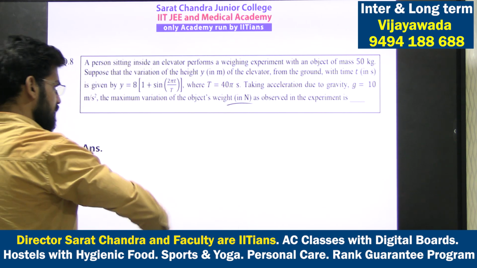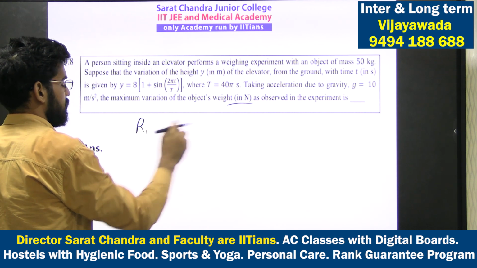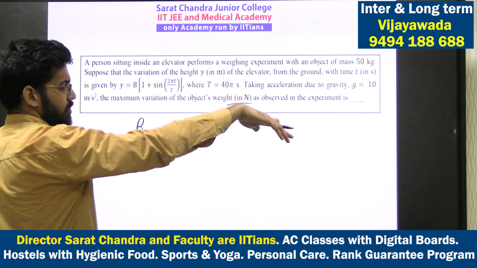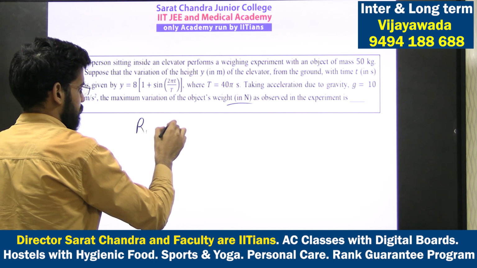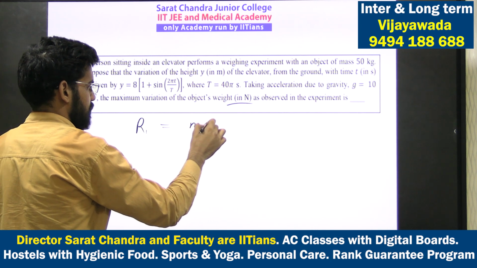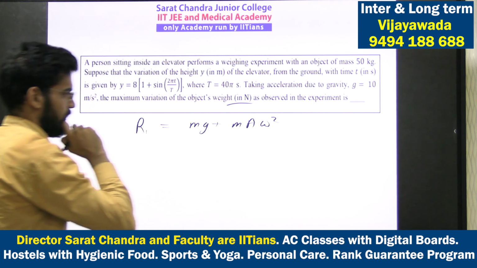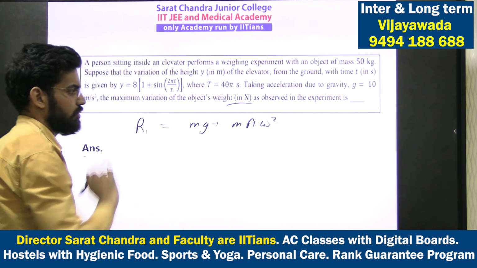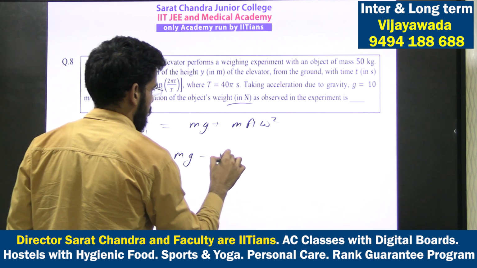See how. For the maximum variation you find out maxima and minima, and there you will see the reading. The first reading will come where mg plus m a omega square will come, if you talk in Newtons only. And another reading will come: mg minus m a omega square.